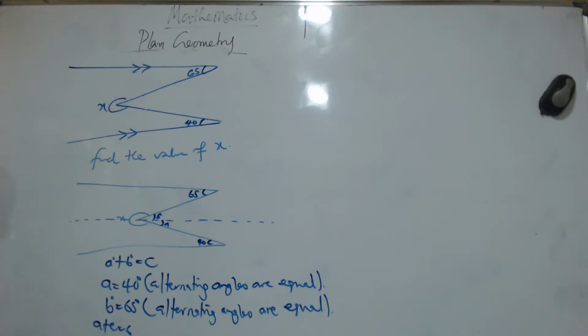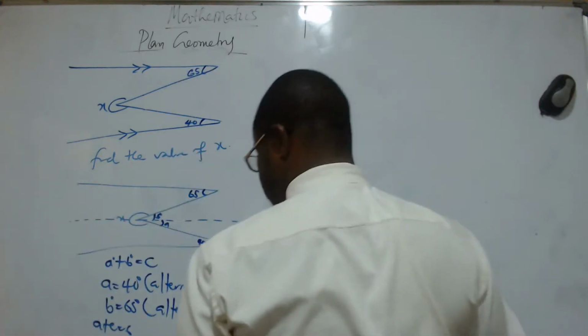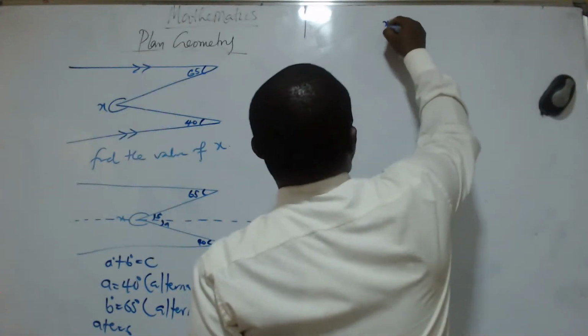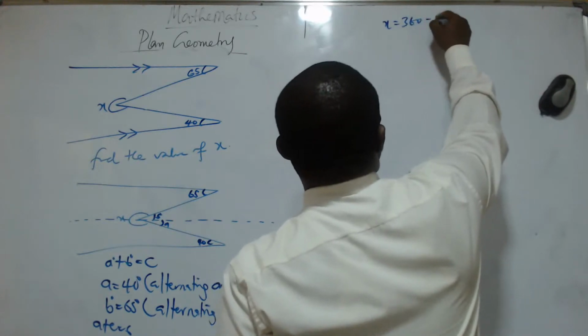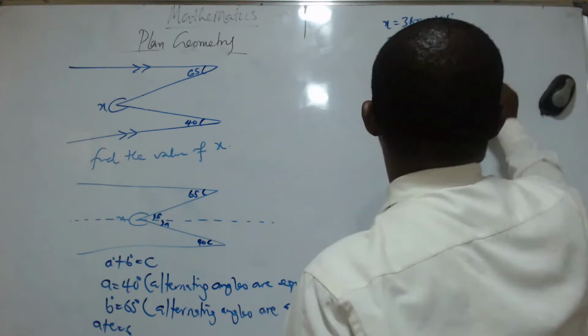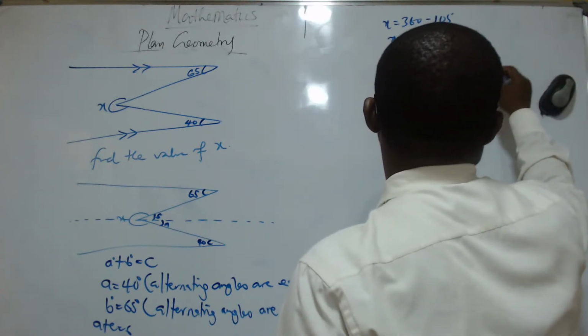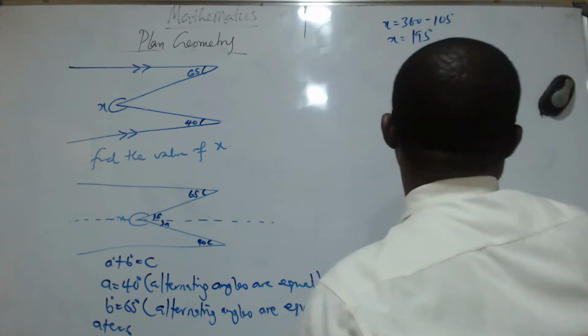Now we're going to have X plus 105 equals 360. So X is 360 minus 105.